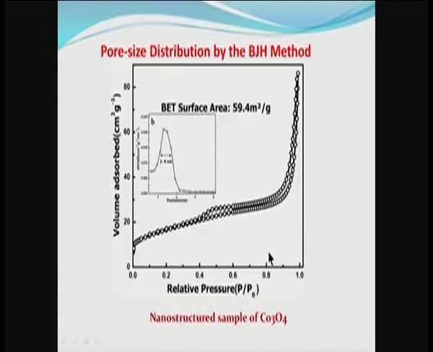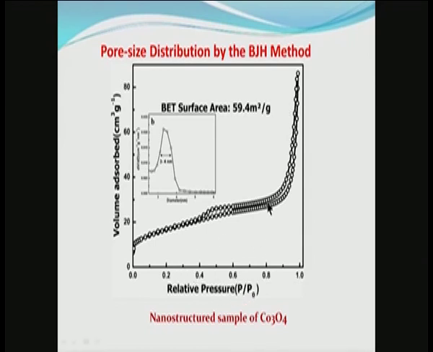What is done is to obtain an adsorption curve for a sample of cobalt oxide, Co3O4, which is an important material in electrochemical science, a potential electrode material for lithium ion batteries.